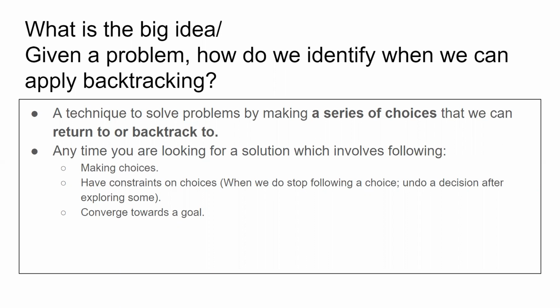And what I'll do is, in the next two problems, I'm trying to follow this kind of three-step approach and to identify where in my algorithm is the part where I'm making a choice, where is the part where I'm backtracking and stuff like that.